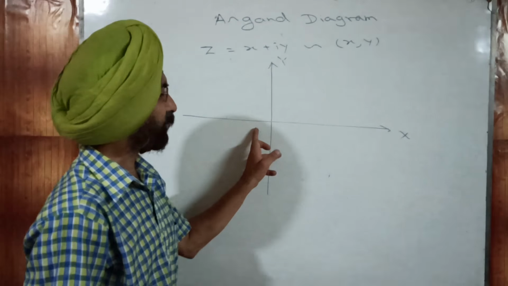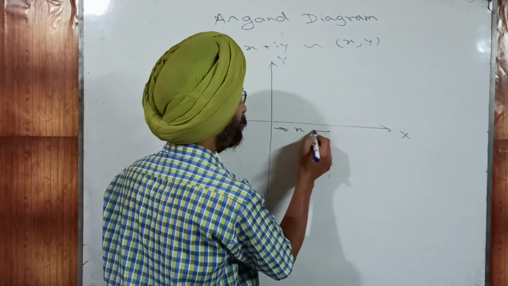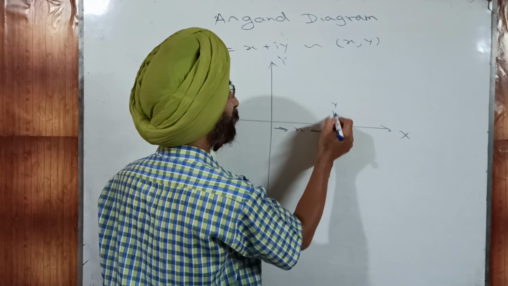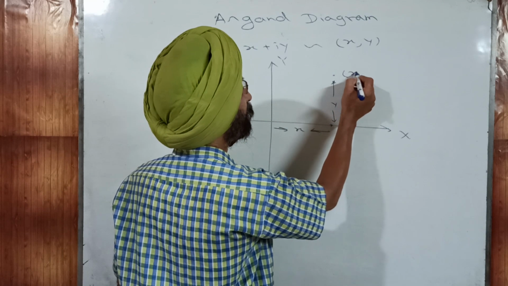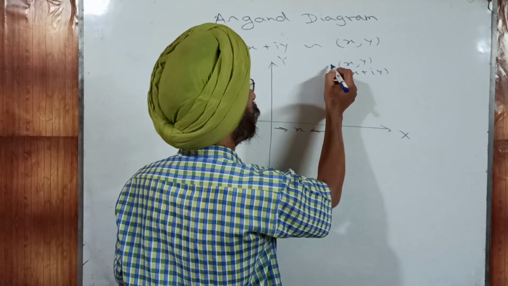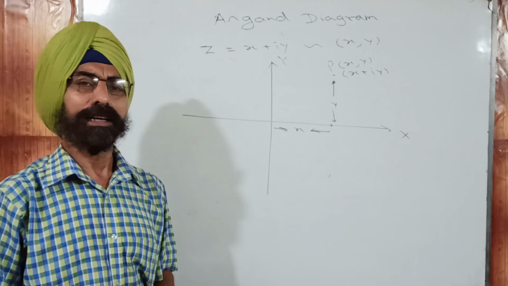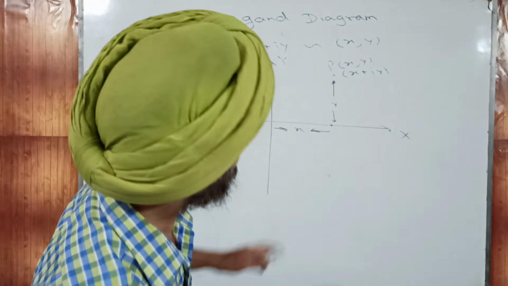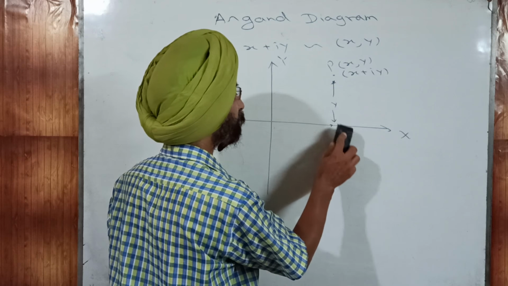That means you take x on the x-axis, this distance, and then move on to the y-axis having distance y, and this point will be called x plus iota y. That means your point with coordinates x and y will represent the complex number x plus iota y. This plane is called the Argand diagram, Argand plane.